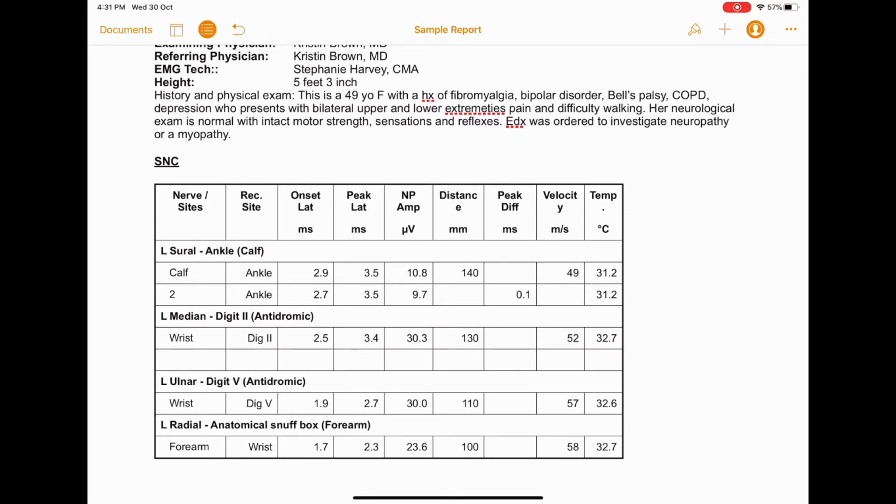And the distance from the x-axis to the peak is the voltage by which it goes up, and that's the amplitude of the action potential.